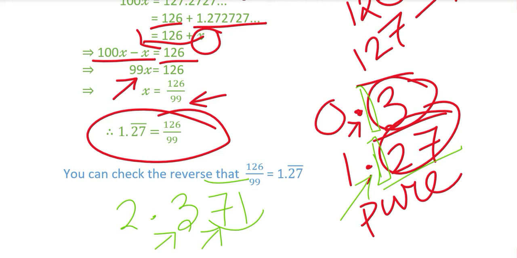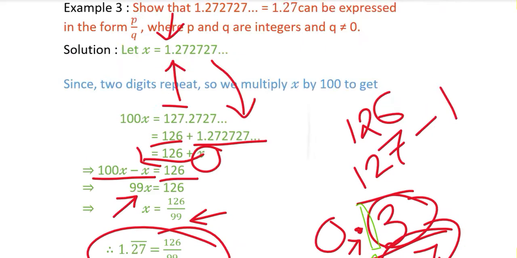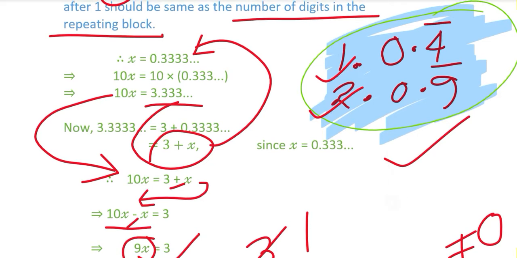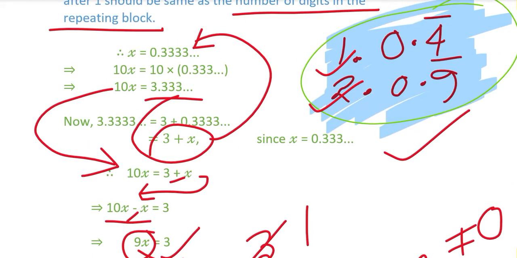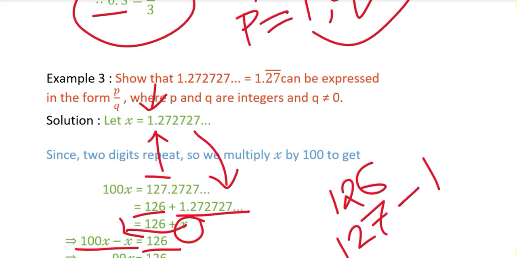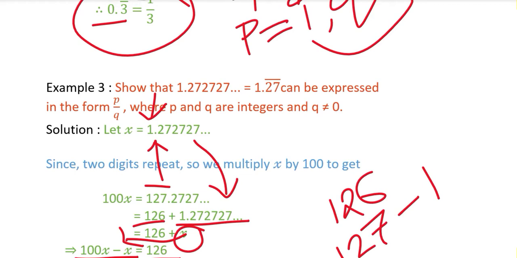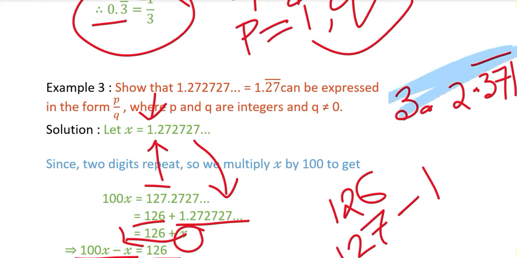You are going to solve it like the earlier ones. You have done 0.4 bar and 0.9 bar, where only one digit repeats. Now you are going to do this question number 3, 2.371 bar. That will be your third question.